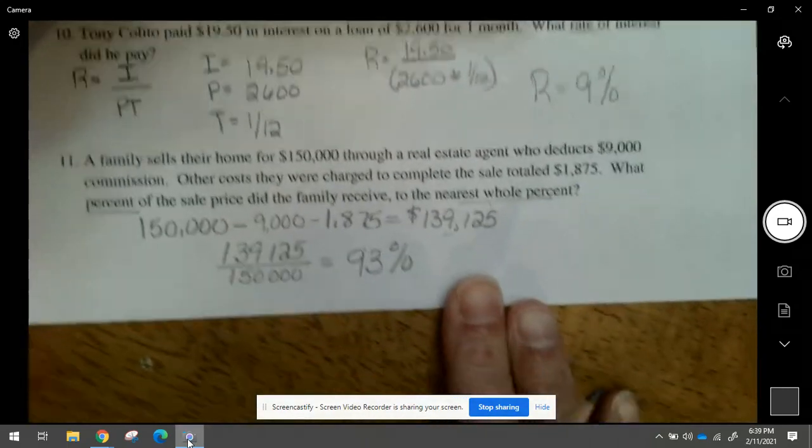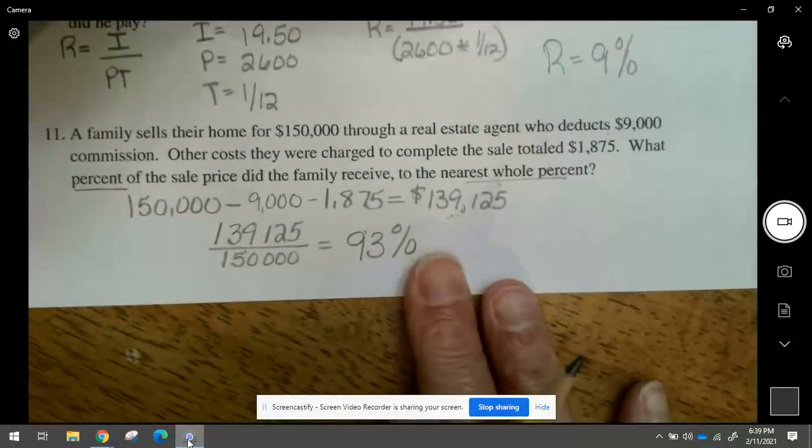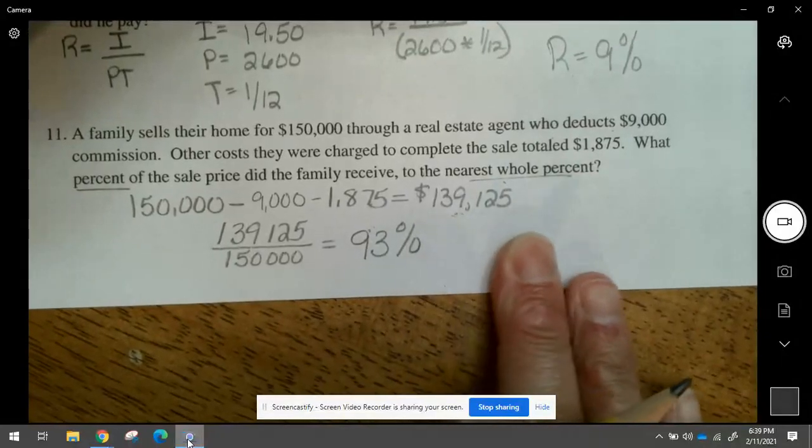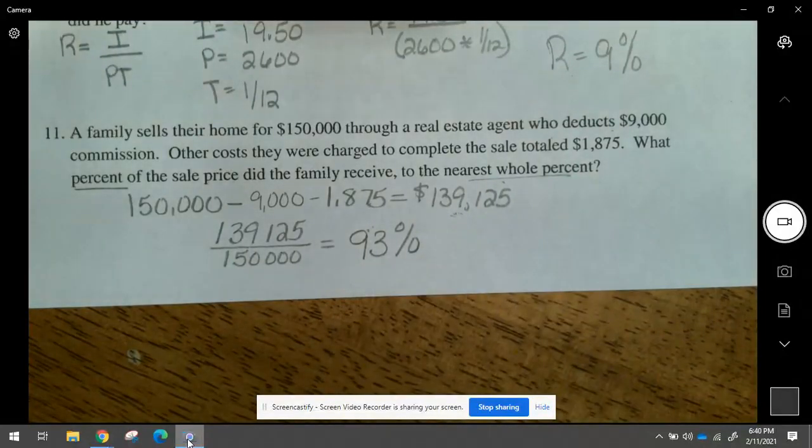The last stretching your skills problem today is number 11. A family sells their home for $150,000 through a real estate agent who deducts $9,000 commission. Other costs they were charged to complete the sale totaled $1,875. What percent of the sale price did the family receive to the nearest whole percent? Well, we have to figure out what they received.